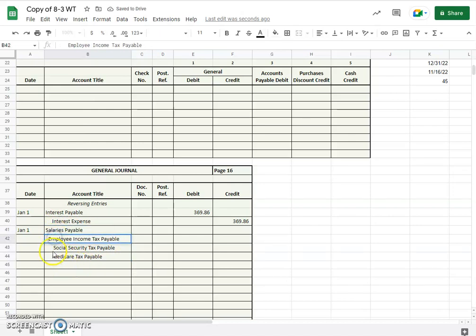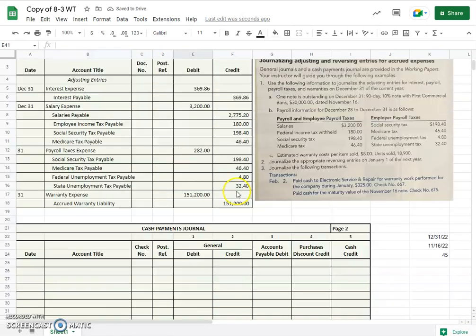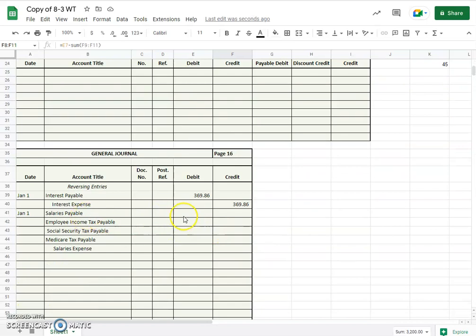Because they were credits the first time, this time they're debits. And now your credit was what we originally debited, salaries expense. And away it goes. And the amounts right here, and we'll just put those right down here in the debit column.